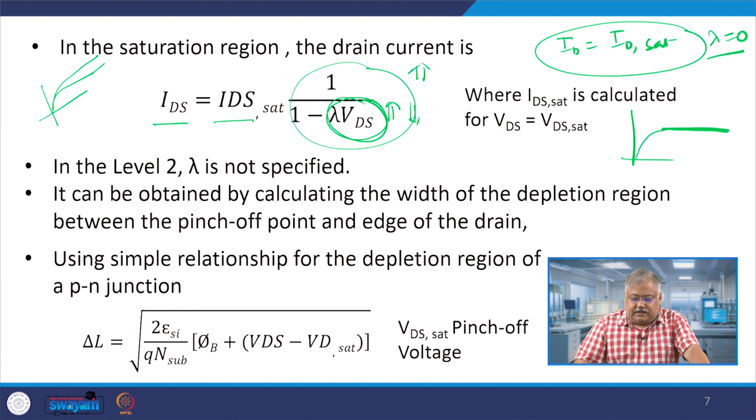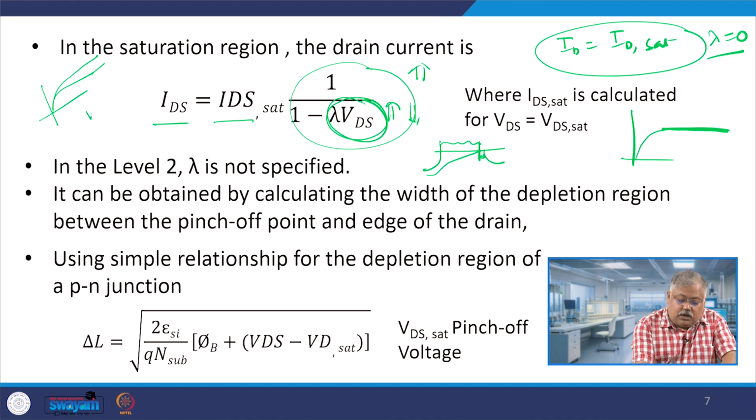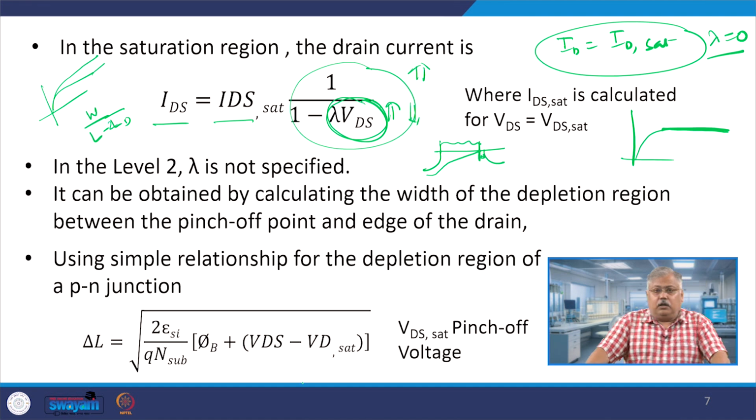So, the idea is that if you are able to get the point where the drain will actually pinch off somewhere here, then you subtract this distance from this distance and that will be the effective channel length, and that is the reason we write W by L minus 2L depletion, because you will have it on both sides, source and drain.